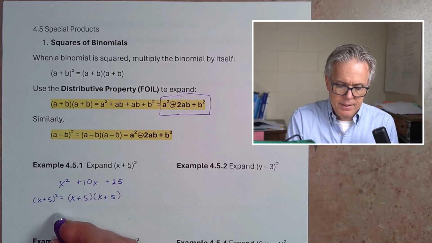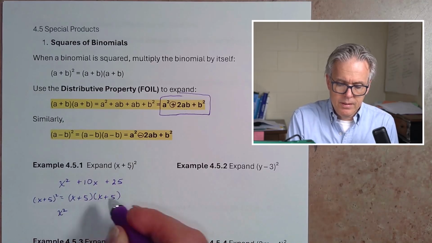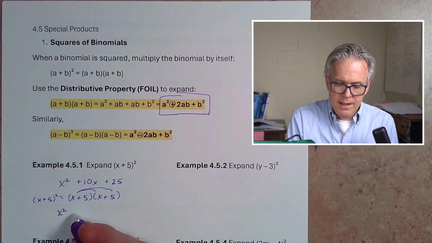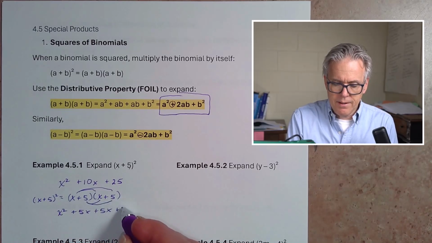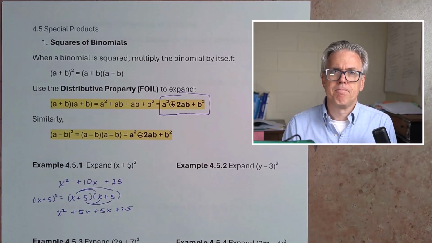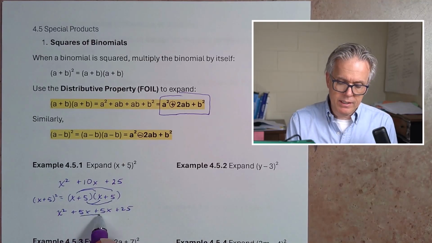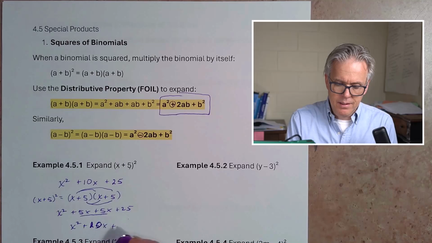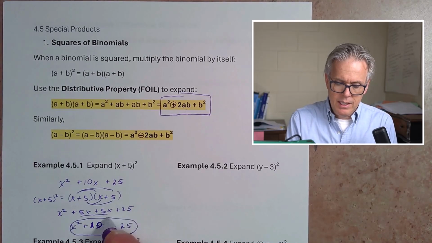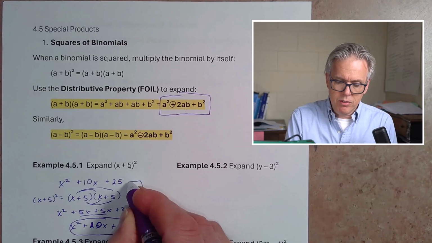X times x is x squared plus 5x plus another 5x plus 25. I have these middle terms I can combine, and I'll get x squared plus 10x plus 25. And notice we get the same thing we did when we used our pattern.